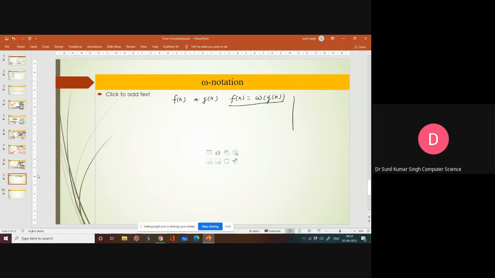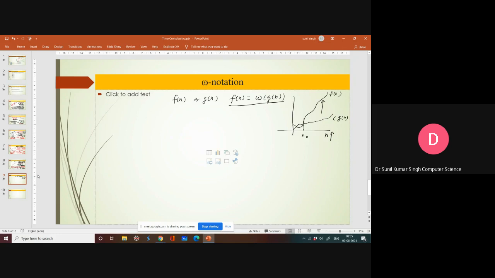If we analyze it graphically, maybe this is your c g(n), and this is your f(n). For large values of n, f(n) is going to be very high.